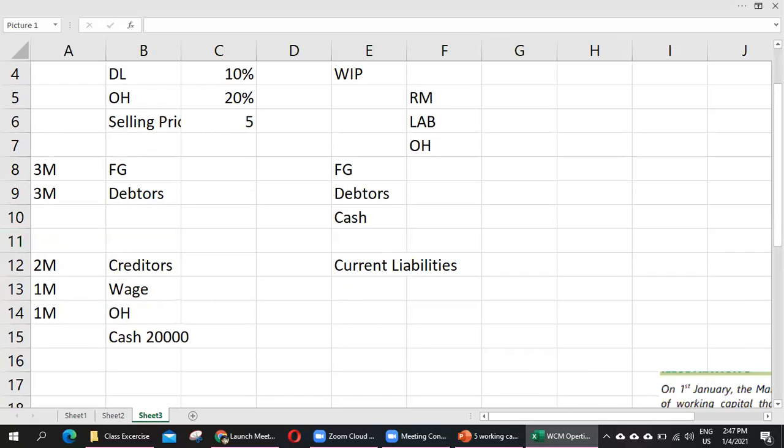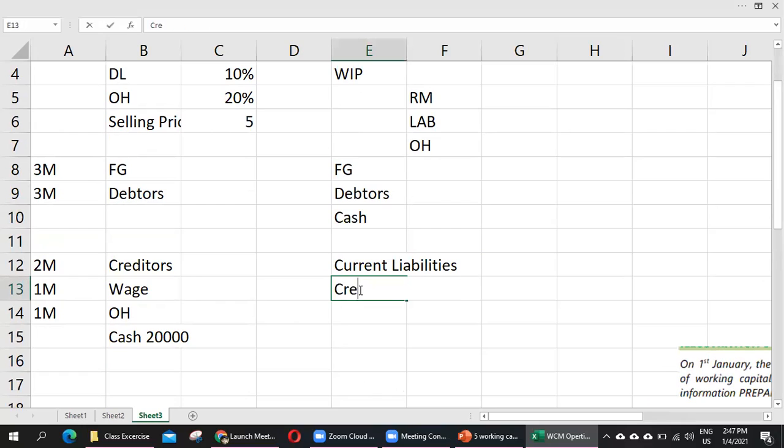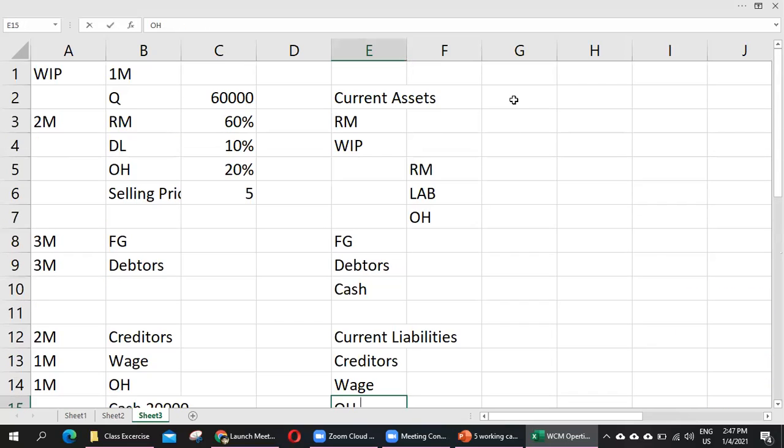Under the current liabilities, what do we have? Creditors, wages payable, and overhead payable, right? We have to find the figures.